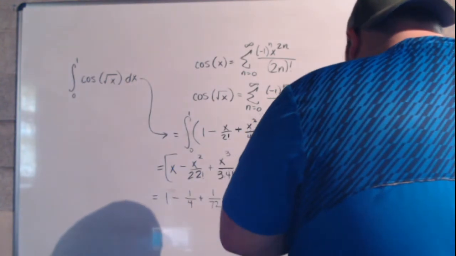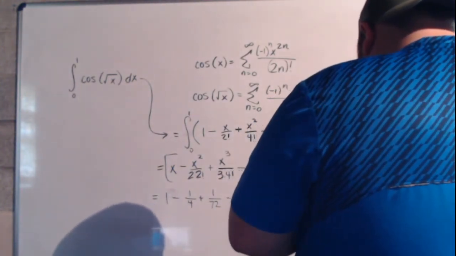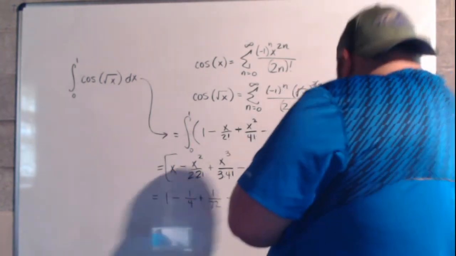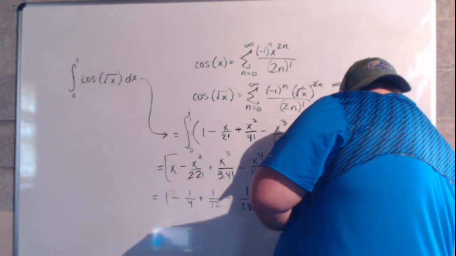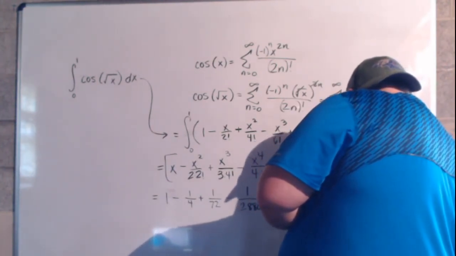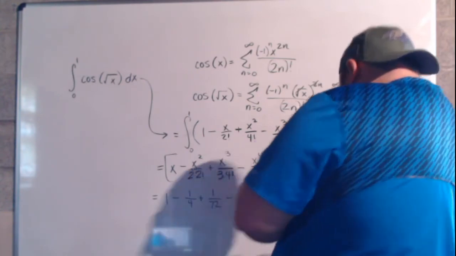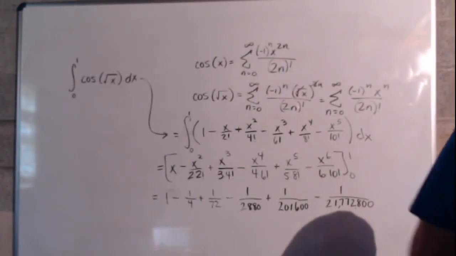I believe this one is millions. That was 21 million, 6 times 10 factorial. I probably didn't think it was going to be that big.